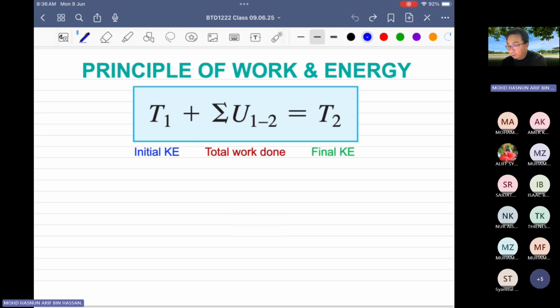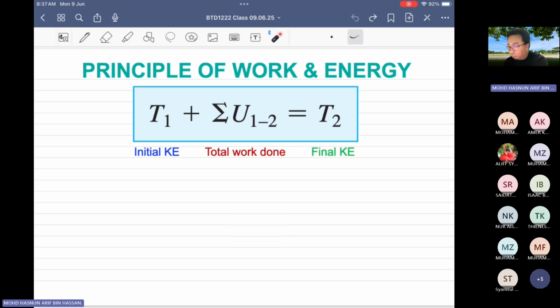So basically in this subtopic, the main equation that we will use is the principle of work and energy. I have explained in the previous class that the principle of work and energy involves this equation, which is T1, the initial kinetic energy, plus the total work done. This is not U1 minus 2.